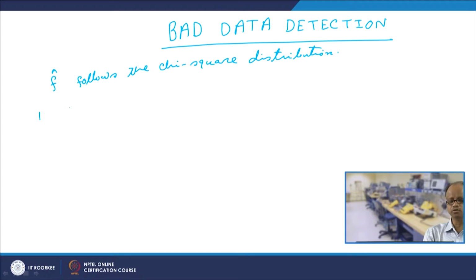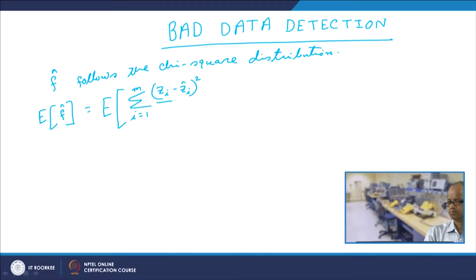So, we would like to know what is the mean value of f hat, that is, the expected value of f hat. So, that would be obviously something like this.